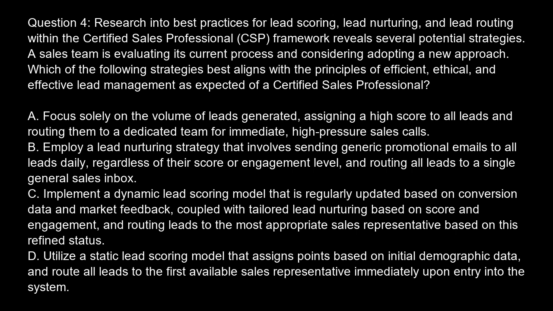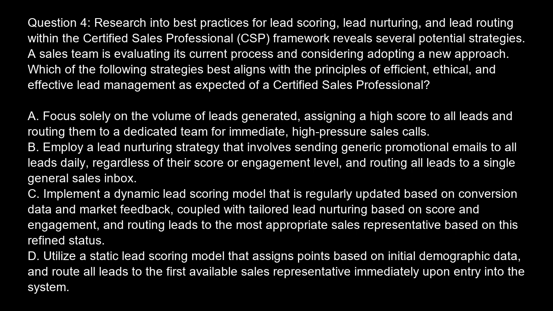Option A. Focus solely on the volume of leads generated, assigning a high score to all leads and routing them to a dedicated team for immediate, high-pressure sales calls. Option B. Employ a lead nurturing strategy that involves sending generic promotional emails to all leads daily, regardless of their score or engagement level, and routing all leads to a single general sales inbox.